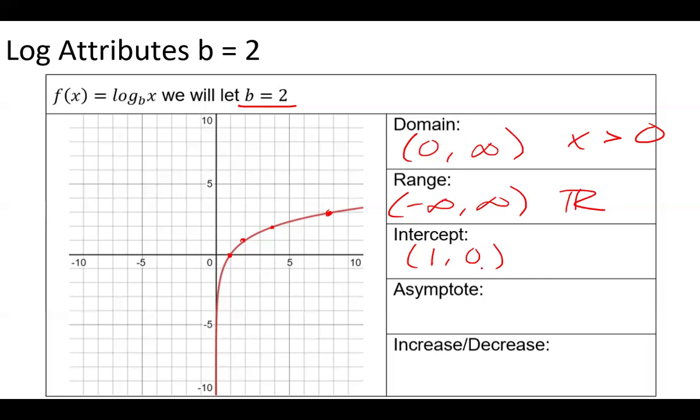Your domain and your intercept are what they are because you have a vertical asymptote. Okay, we have a vertical asymptote, and that vertical asymptote is at x equals 0. So it's that imaginary boundary line that I'm not crossing.